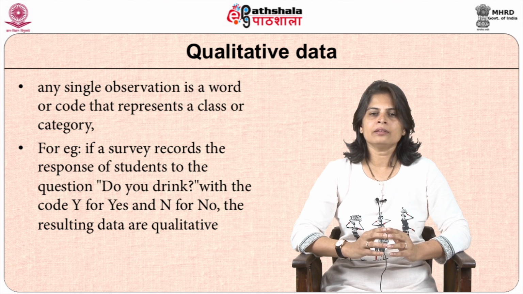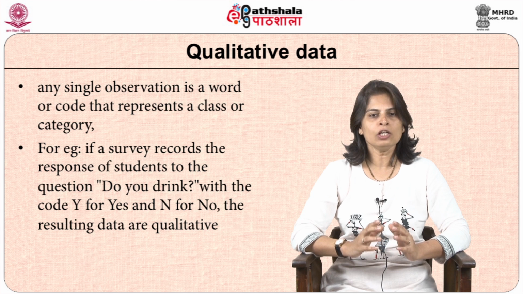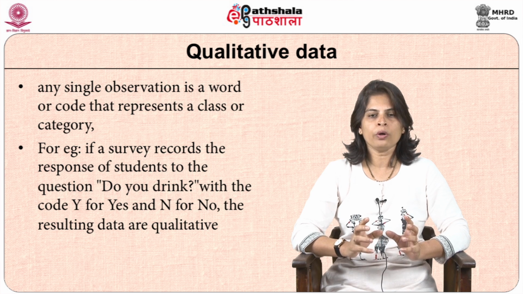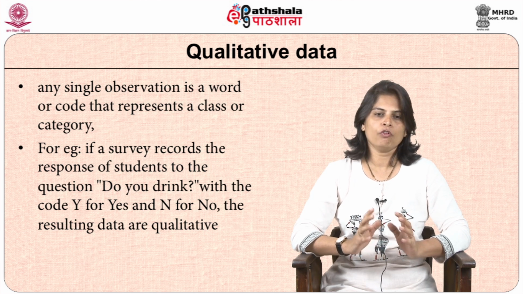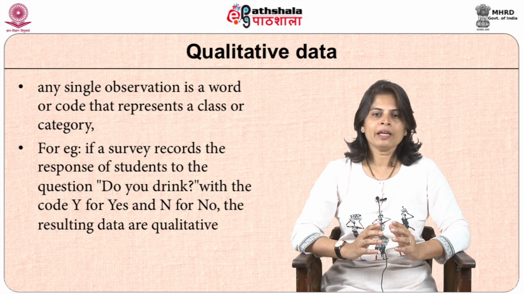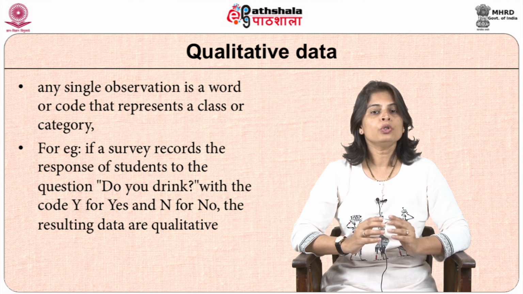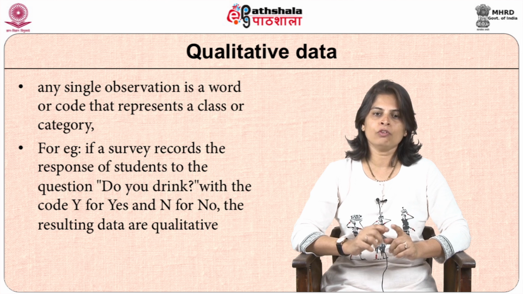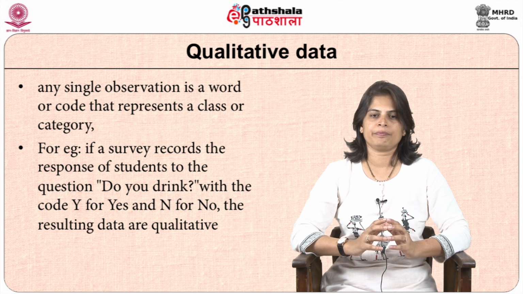On the other hand, qualitative data is a single observation in the form of a word or a code that represents a class or a category. For example, if a survey records the response of students to the question, "Do you drink?" with the code Y for yes and N for no, then the resulting data would be qualitative.